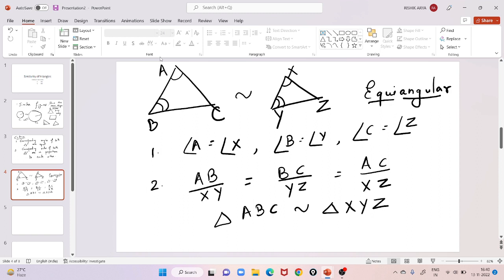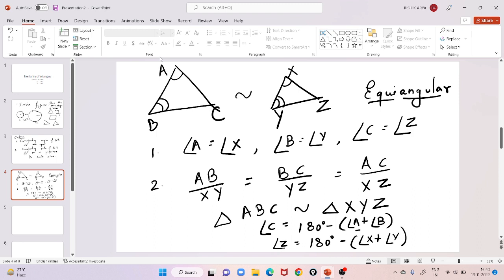Angle C will be equal to 180 degrees minus (angle A plus angle B), because we all know that the sum of the three angles of a triangle is 180 degrees. From the angle sum property of a triangle, we have angle C equal to 180 minus (A plus B). And similarly, angle Z will be equal to 180 minus (angle X plus Y).